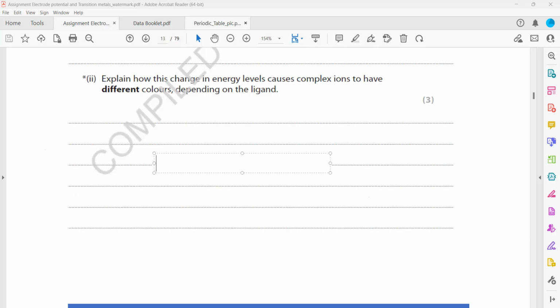So the gap between the d orbitals depends on the ligands attached.